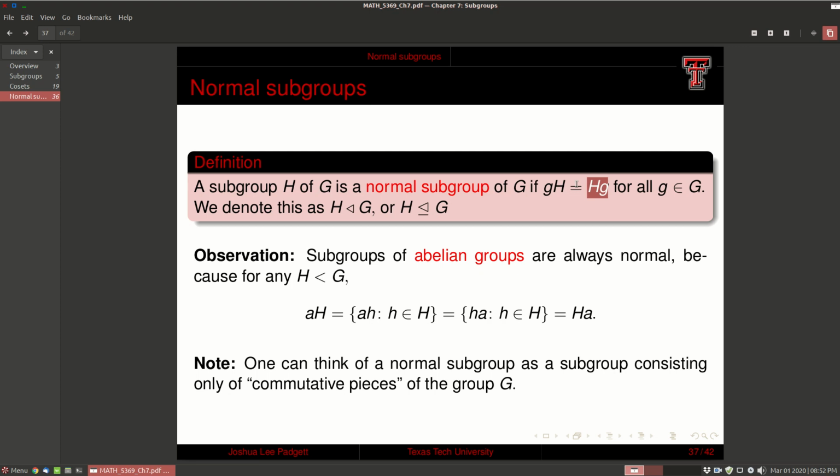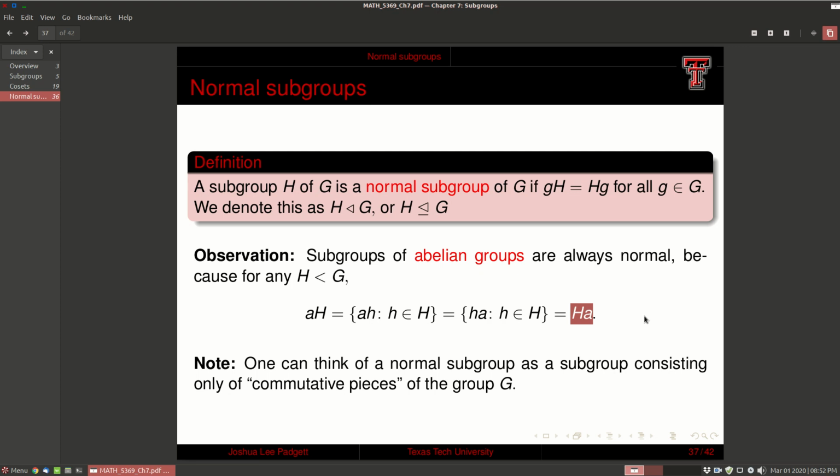So normal subgroups are kind of like the commutative pieces of a group G. In abelian groups, basically all of their subgroups are normal, because why? If you think of aH, it's just multiplying everything in H by a. But since it's abelian, I can switch the order for free, and that's just the definition of Ha. So with normal subgroups, we have a kind of converging of cosets and subgroups.